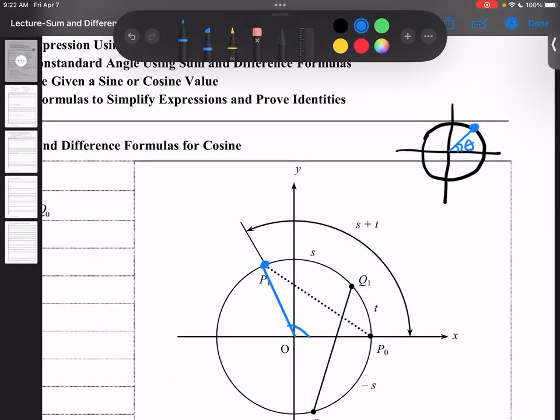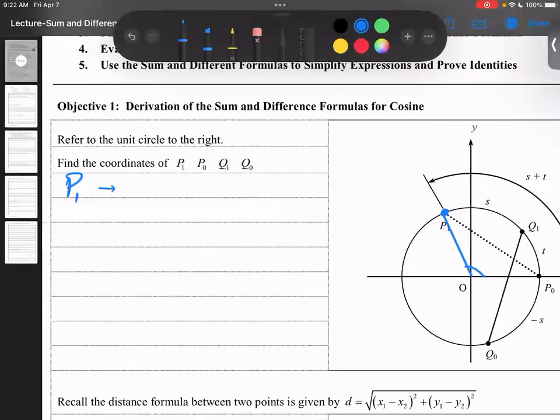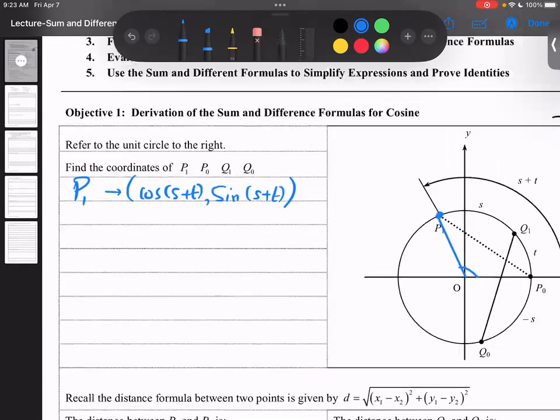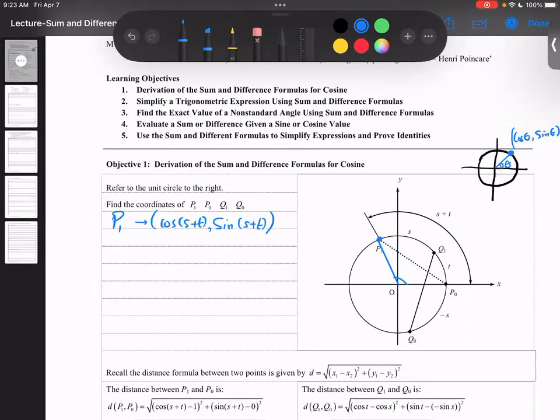So similarly, if I ask you what is S plus T, the coordinate of P1 will be cosine of S plus T, S plus T is your angle, and then sine of S plus T. So far, so good? Where S plus T is your new theta.